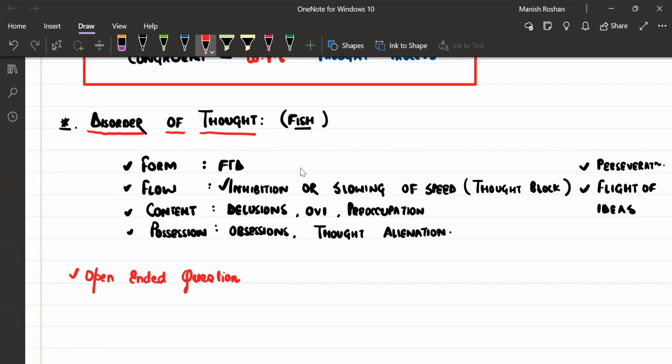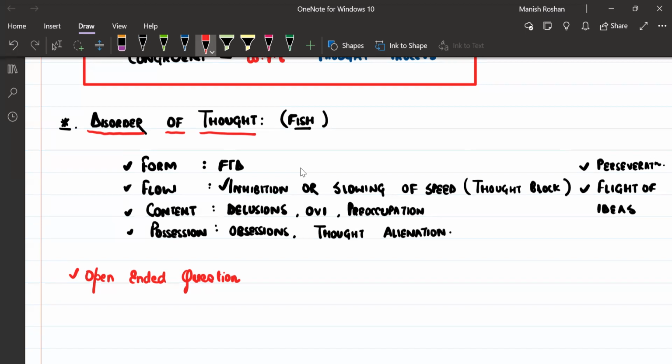A closed-ended question only comes to the rescue when the rapport has not been formed or the patient is unnecessarily evasive, or is deviating too much. At that moment, a closed-ended question is used. However, if the rapport has been developed and the patient is comfortable in the interview, an open-ended question is the first thing that we should try whenever we have to elicit the disorder of thought.